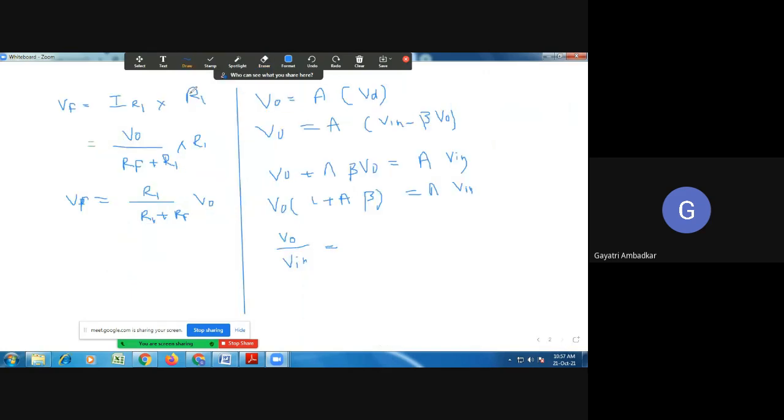So VO by V in, if I arrange it, is equal to A upon 1 plus A beta. The same thing we have found in the feedback amplifier. So the gain of the op-amp when you connect input to the non-inverting terminal is A upon 1 plus A beta.